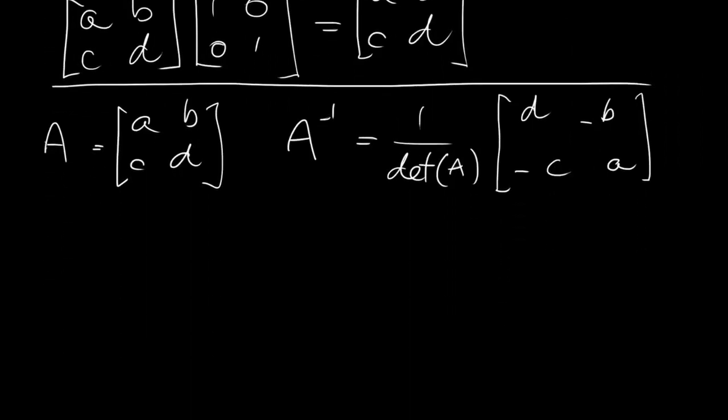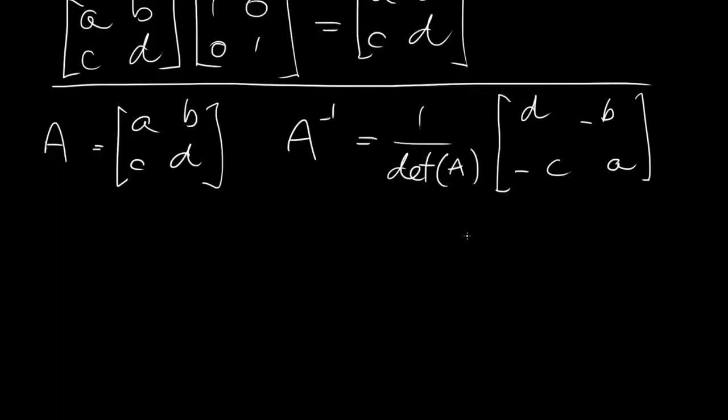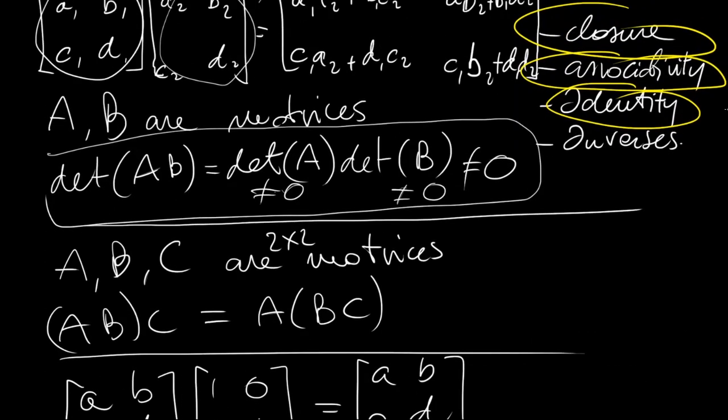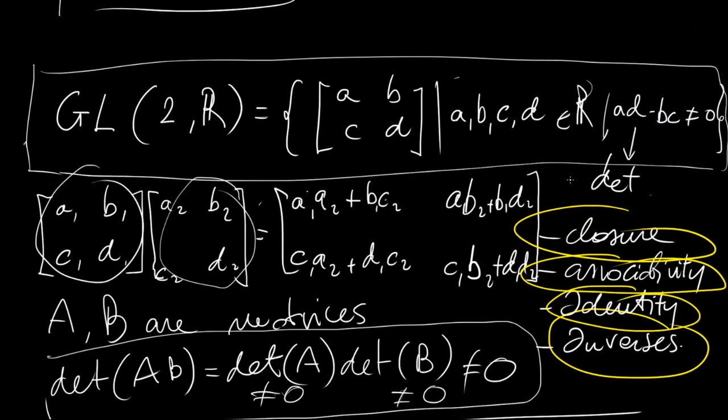So since this is not 0, each element has an inverse. We can check that, and we're good. So we know that GL2R is indeed a group.